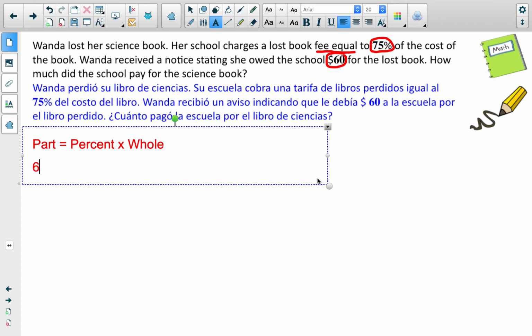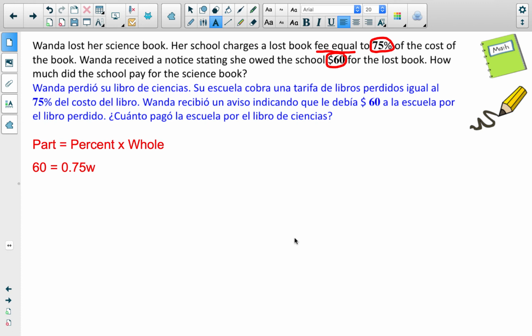Now, in this case, the $60 is our part. We know we have 75% and we don't know the whole. The whole in this case is how much does the book cost in total actually? Like how much did the school pay for it? We know that Wanda ended up getting charged $60, and the $60 represents 75% of whatever in the world the school bought it for.